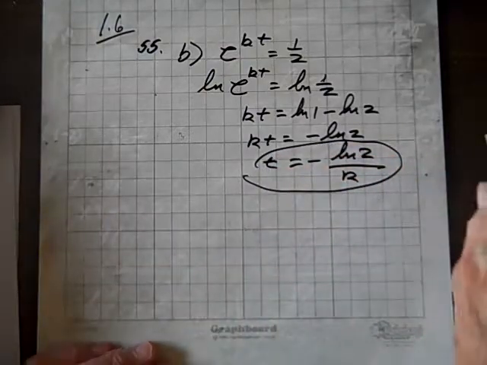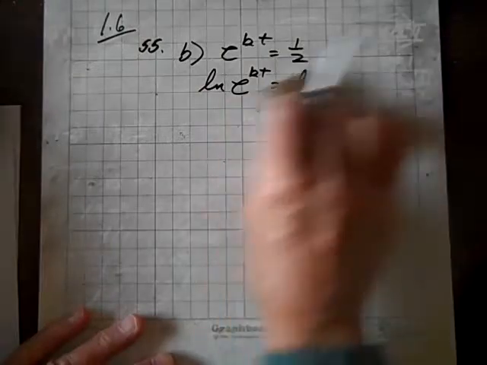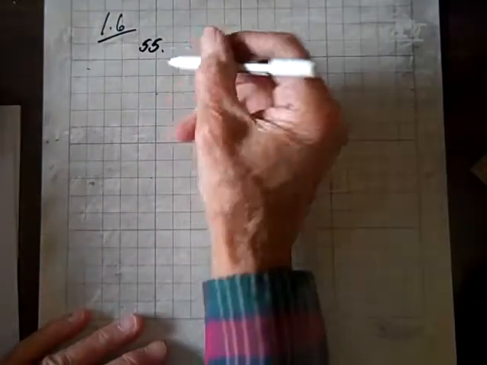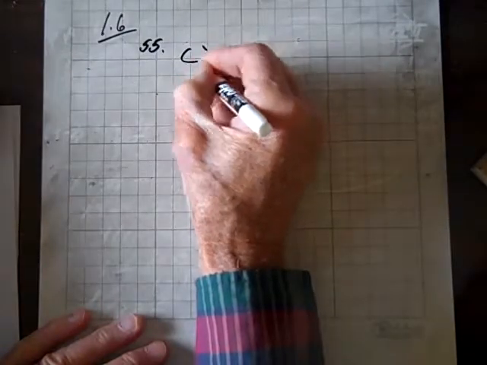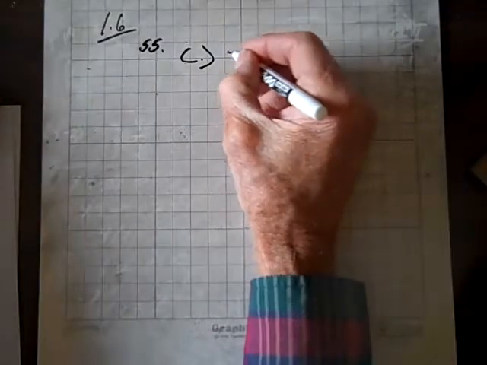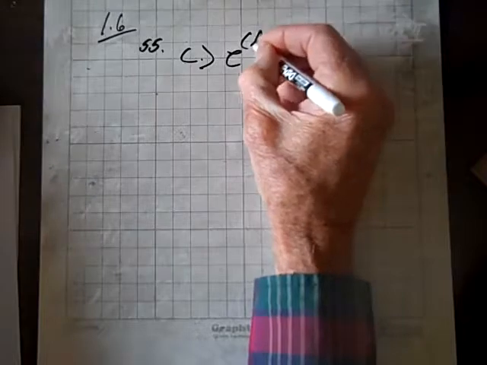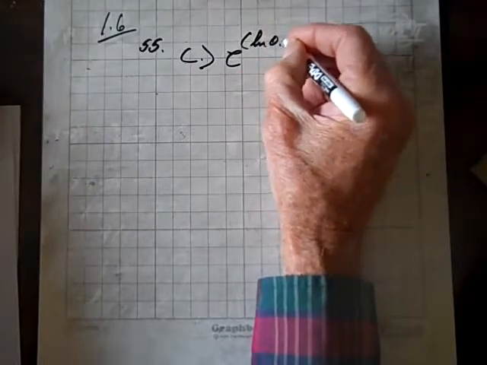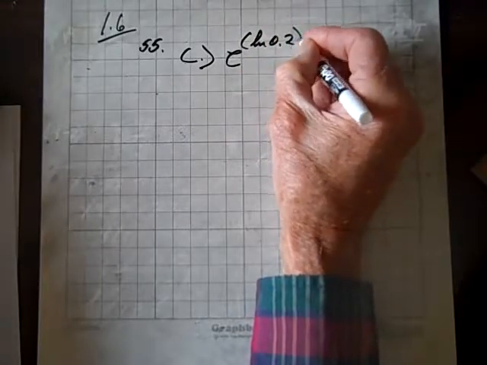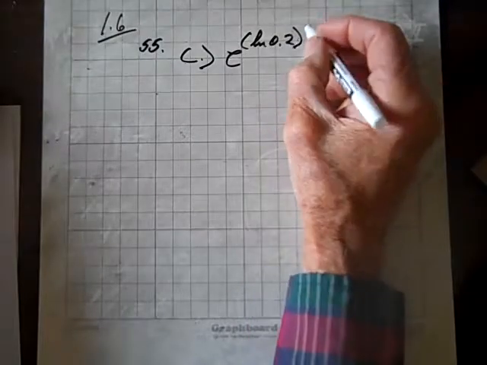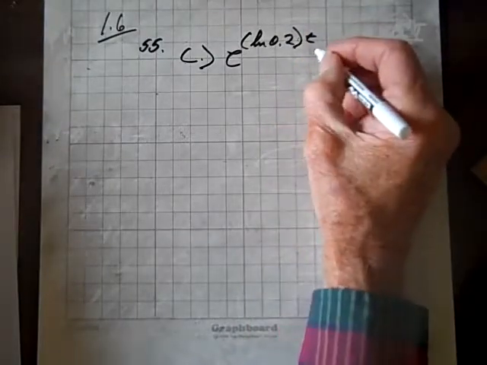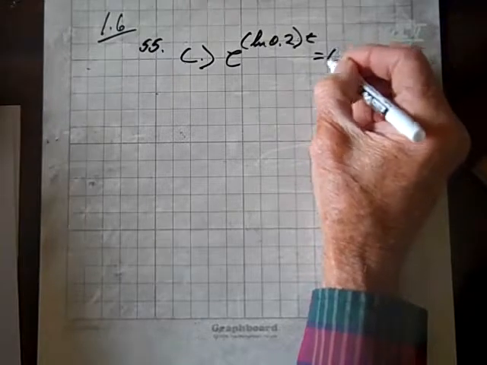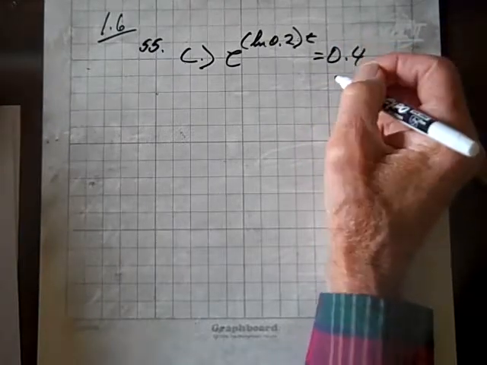Finally, we've got one more to go, so I'm going to erase this. We're going to do C. And C, e to the ln of 0.2 to the t equals 0.4.